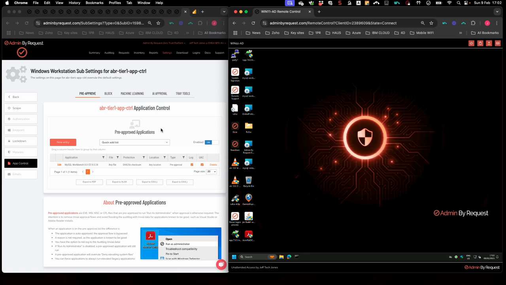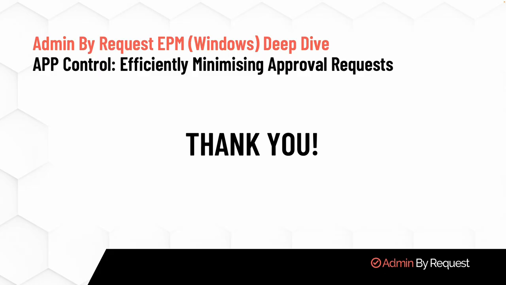So that hopefully gives you a really good view of how all of these app control features you can configure to work together to create a really efficient auto approval system, which ultimately means that the number of approval requests that go through will be less, and therefore everything will work a lot more efficiently with minimal rule sets.